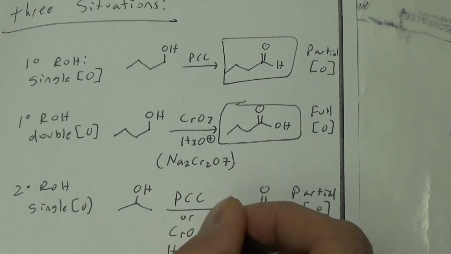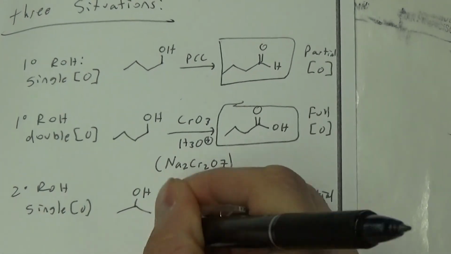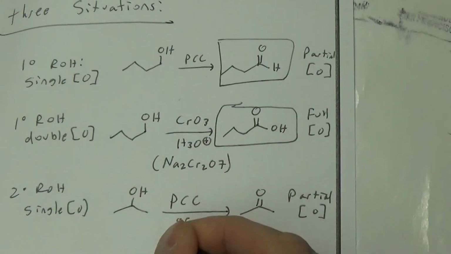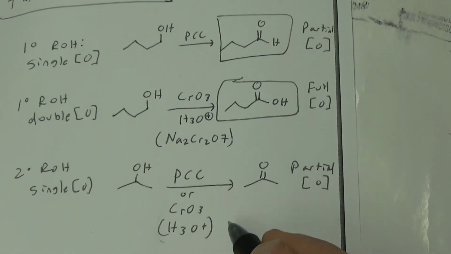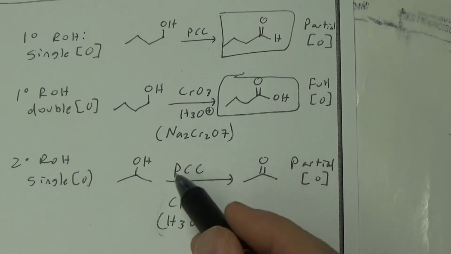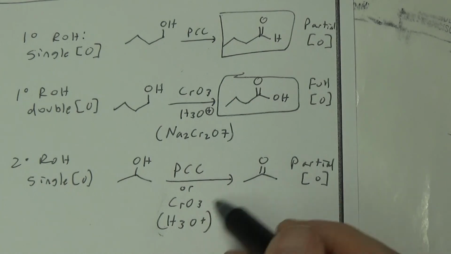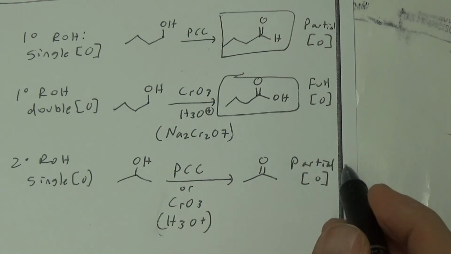Now the CrO3 requires acid water, so PCC does not. So anyway, CrO3 requires acid water. Okay. So for secondary, it doesn't matter. You can use PCC or CrO3, and it's a partial oxidation.